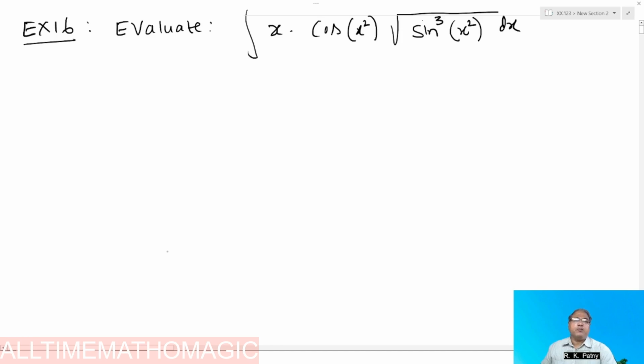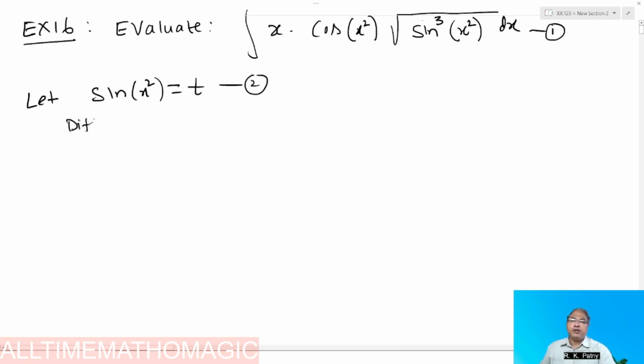Next example, evaluate integration of x into cos of x square into root of sin cube of x square with respect to x. It is also a clear-cut problem because the derivative of sin is cos and the derivative of x square is 2x. Therefore, let sin of x square equals to t. This is 1 and this is 2.